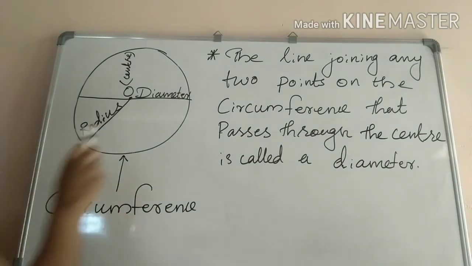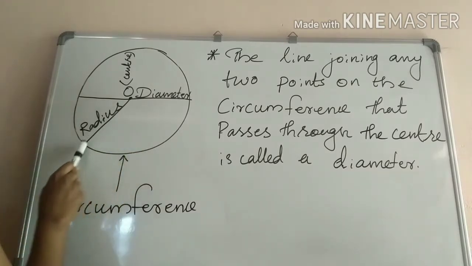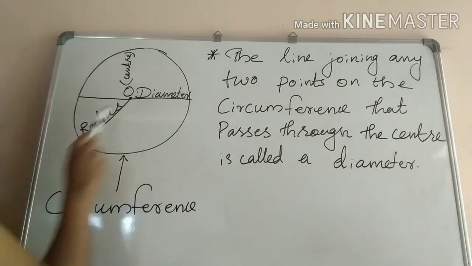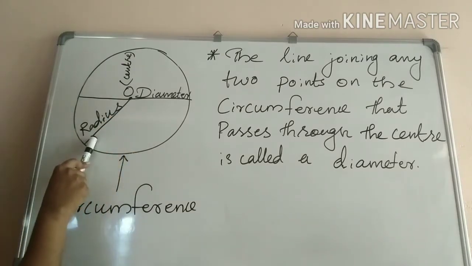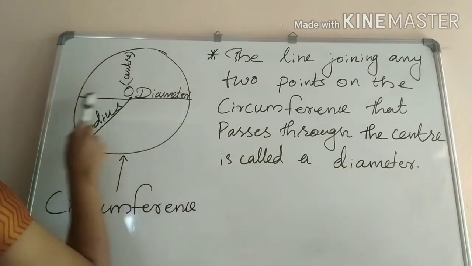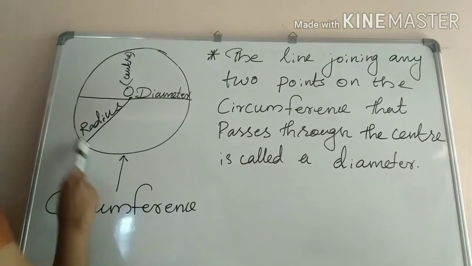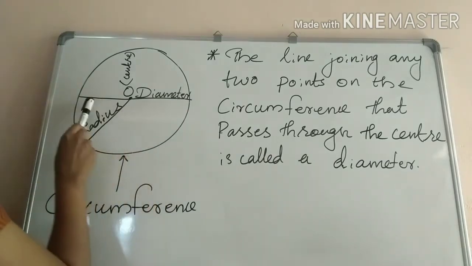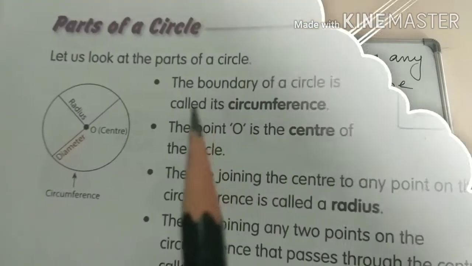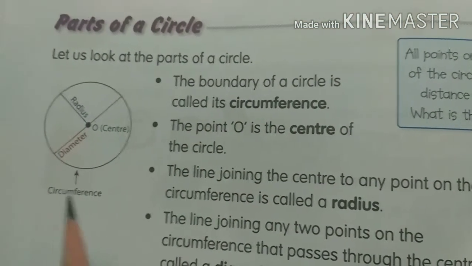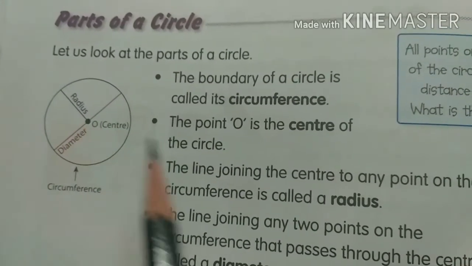A radius is the line joining any point on the circumference and the center O. The line joining any two points on the circumference that passes through the center O is called the diameter. Parts of a circle are circumference, diameter, center, and radius.